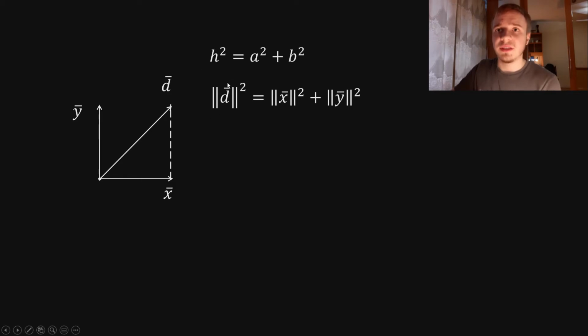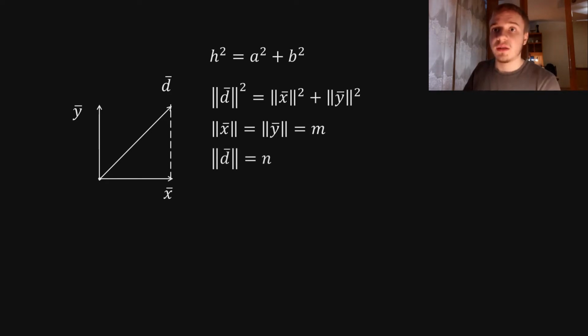Length of vector d, the hypotenuse, equals the length of vector x squared plus the length of vector y squared. And the lengths of vector x and vector y are the same. We'll just give it an alias m. And the length of the vector d, we'll give it an alias n, and we pass it in this formula.